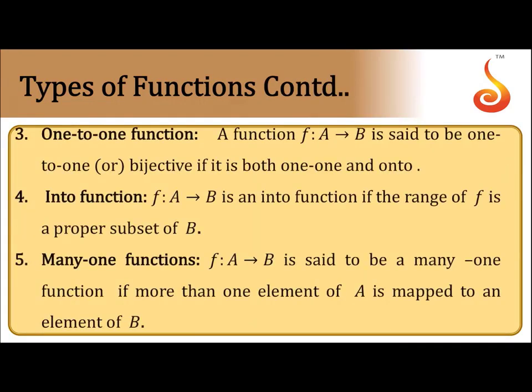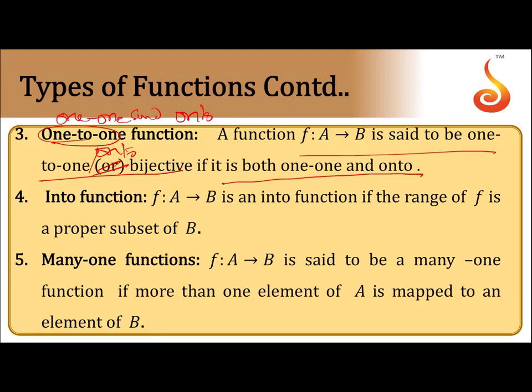And a mapping which is one-one and onto both is called a bijection. I think it is given by mistake here; this is one-to-one and onto. A mapping is said to be bijective if it is both one-one and onto.